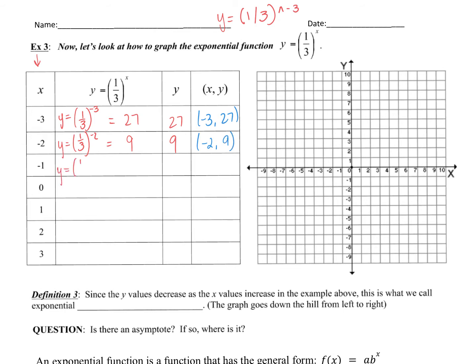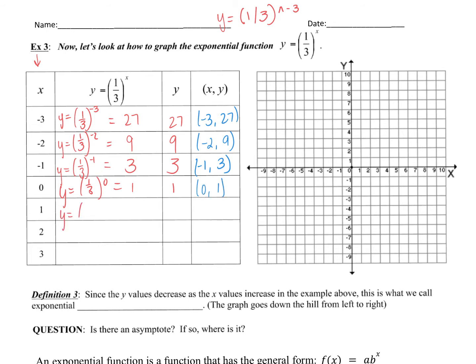Same thing with the next, 1/3 to the -1, and your value will be 3 once you've typed it into your calculator. So -1, 3. Then we have y equals 1/3 to the 0, and I know that anything to the exponent of 0 is just 1, so my point is 0, 1.